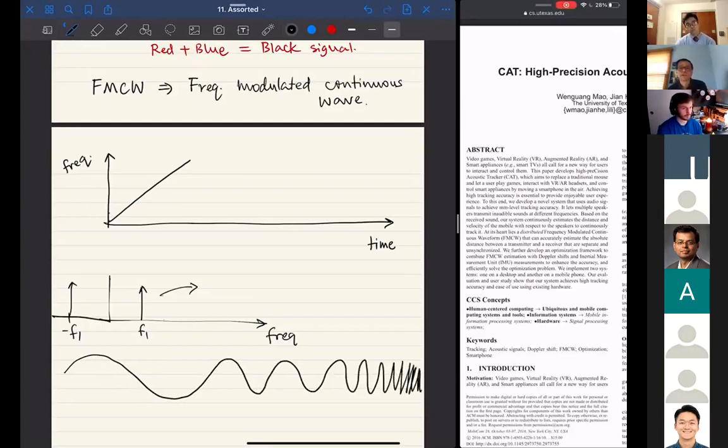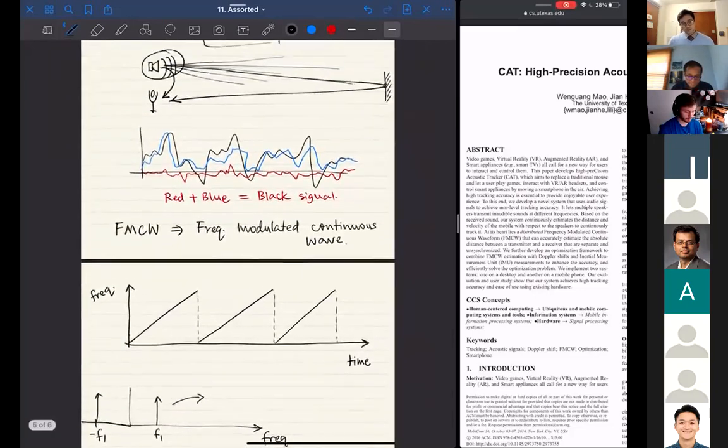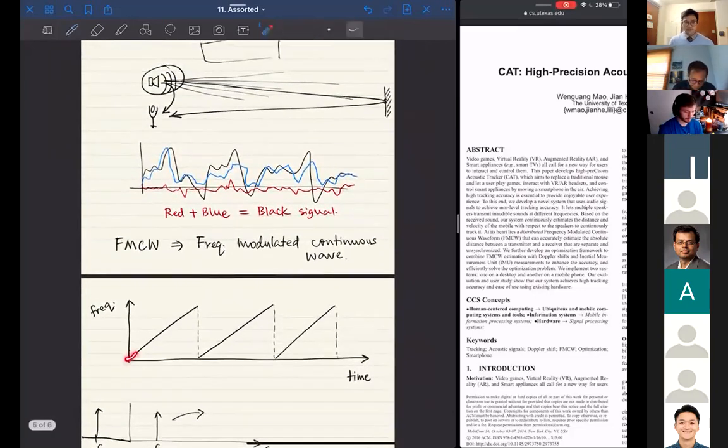That's what the signal will look like. And then once I'm done, I'm again going to do the same thing. And I'm going to continue. Now, this signal is the signal that's going out.